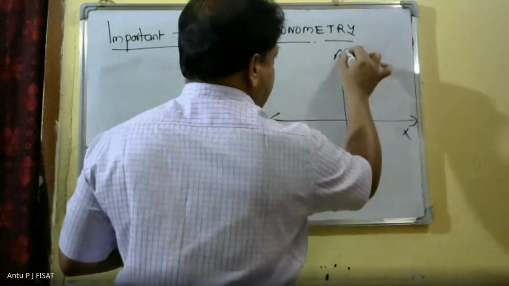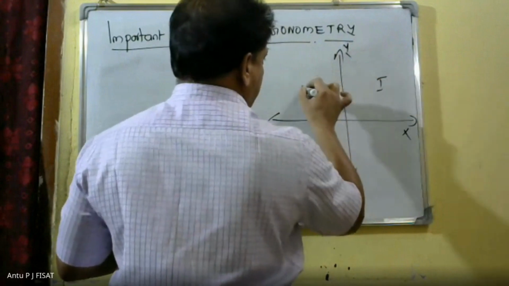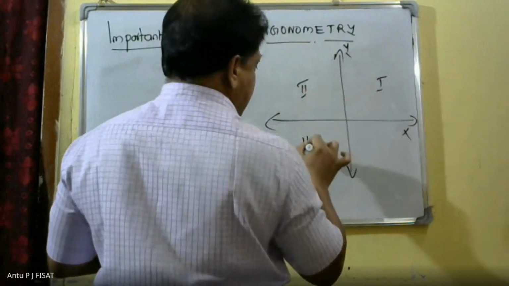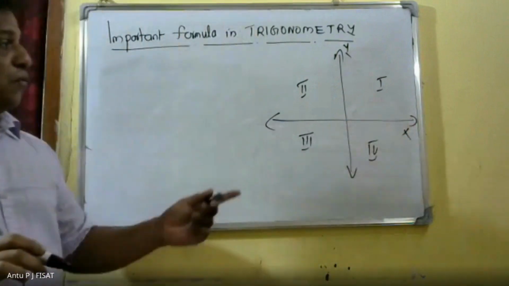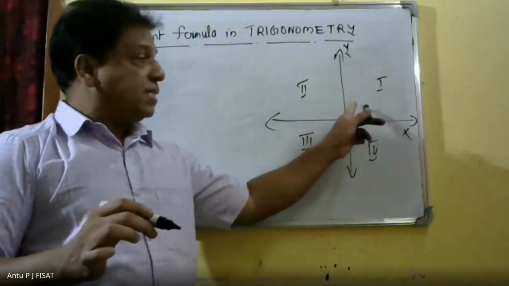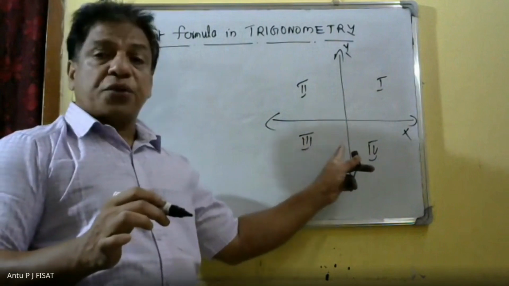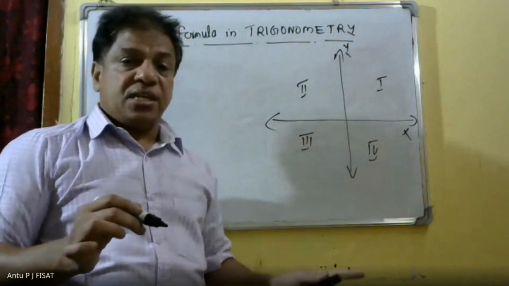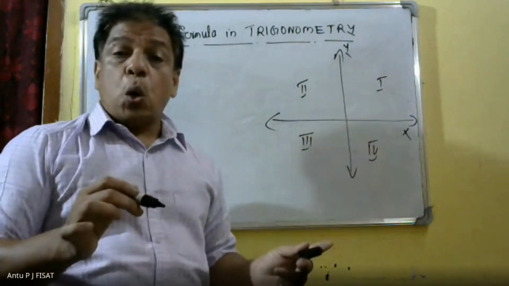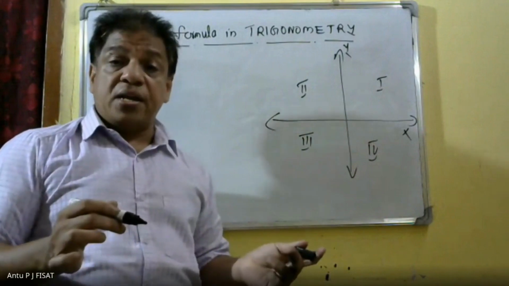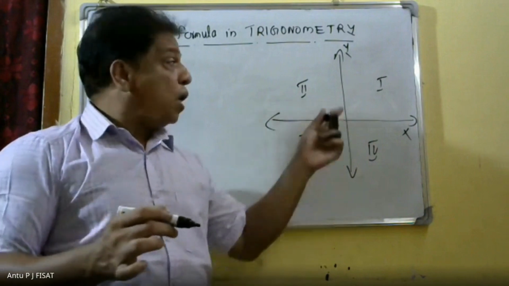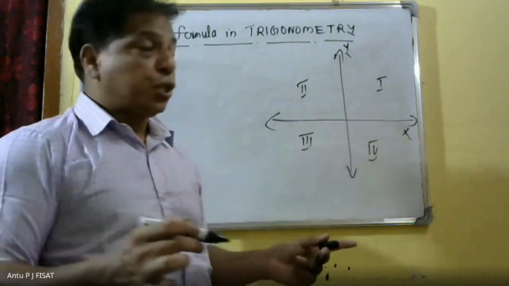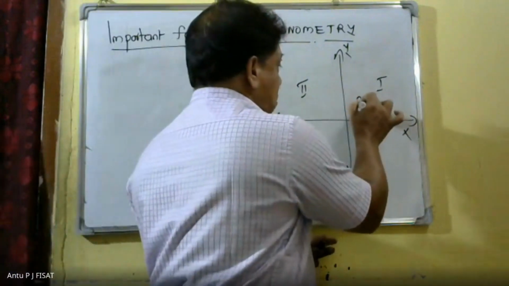This is x-axis, y-axis, first quadrant, second quadrant, third quadrant, fourth quadrant. The first quadrant, the angle will be 90 degree, the second quadrant 180, then 270, then 360. In the first quadrant, all trigonometric ratios, sine, cos, tan, sec, cosec, cot, will be positive. Therefore, we represent it as A for all.